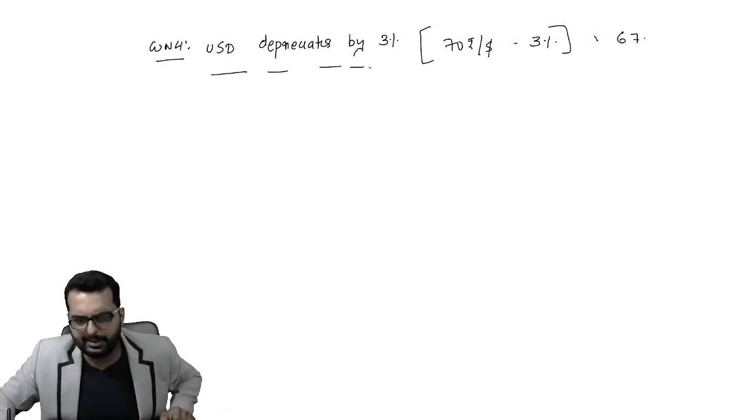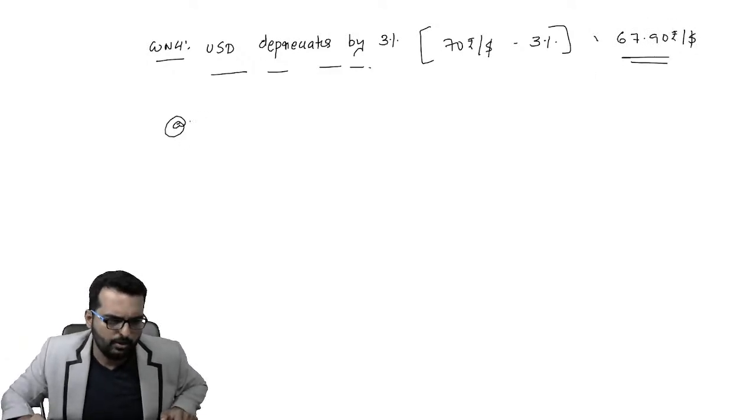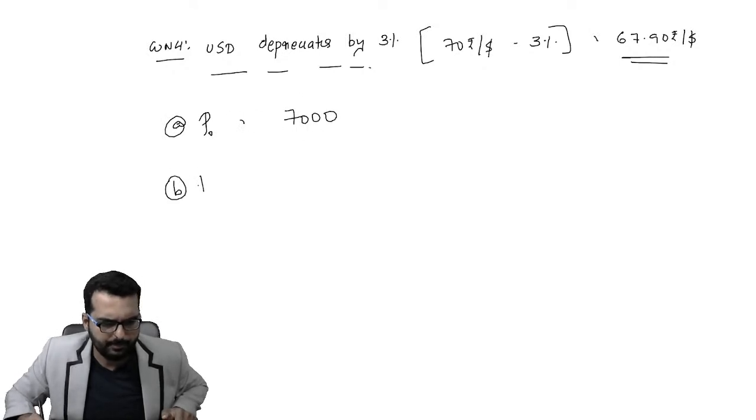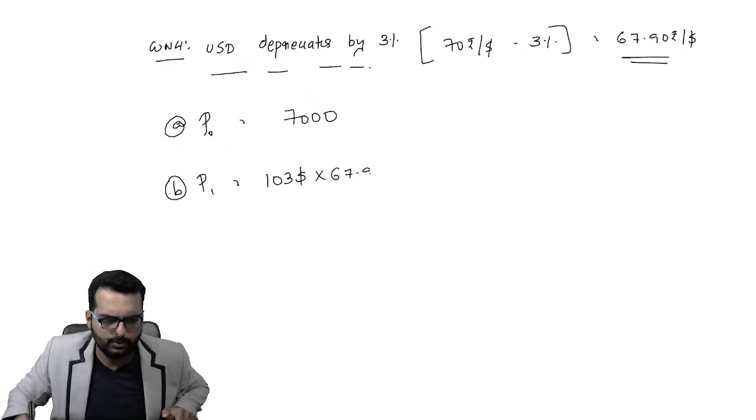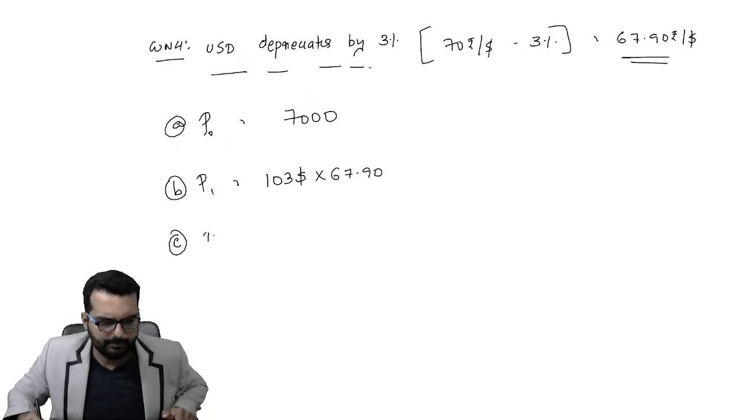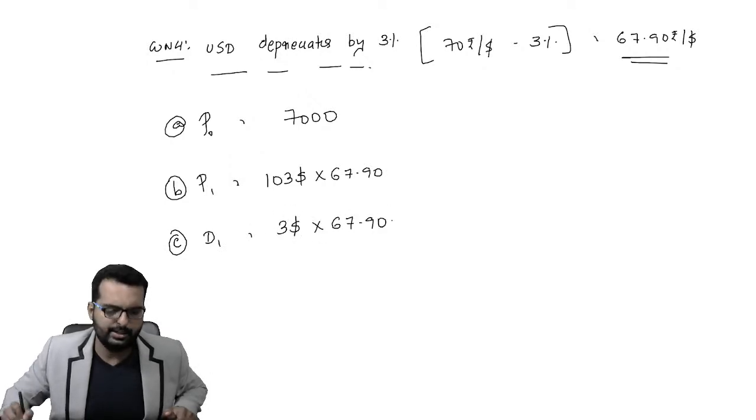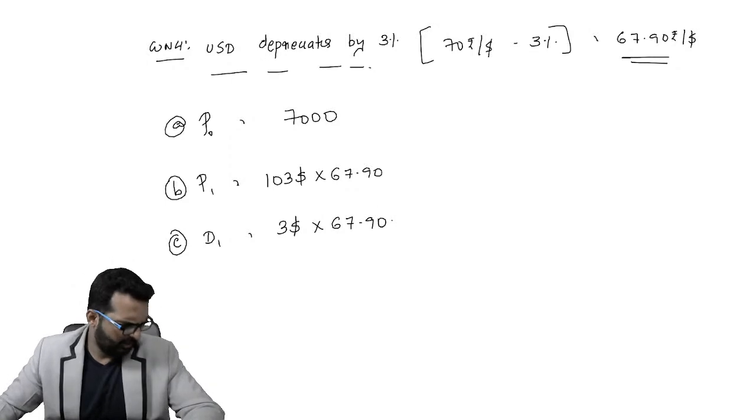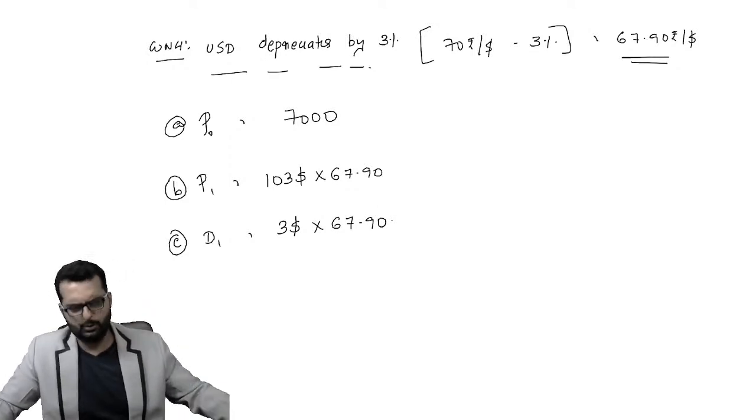You would get the answer as 67.9 rupees per dollar. Now what will happen? Your P0 will remain the same. Your P1 would be $103 into 67.9, and your D1 will also be this. Write down this and tell me what returns you get over here now.